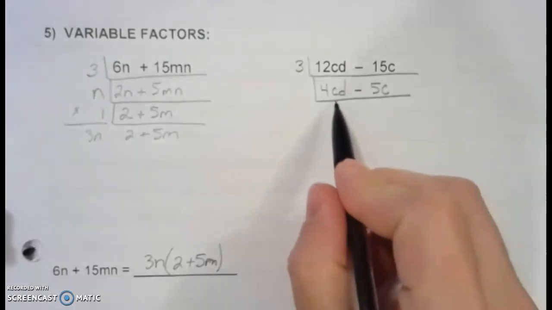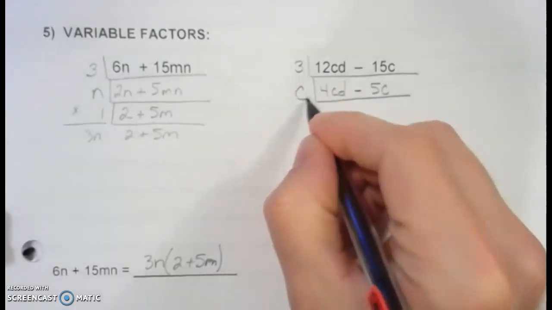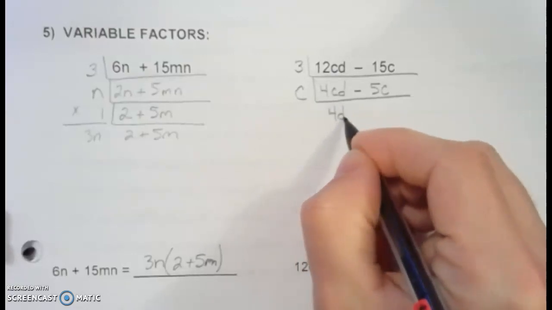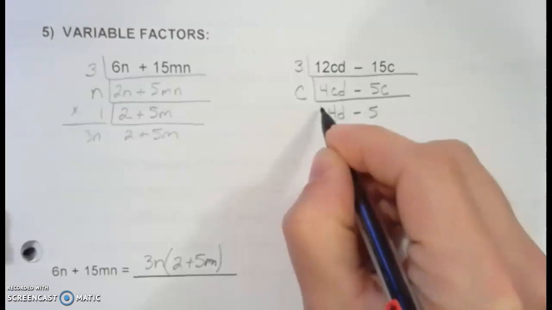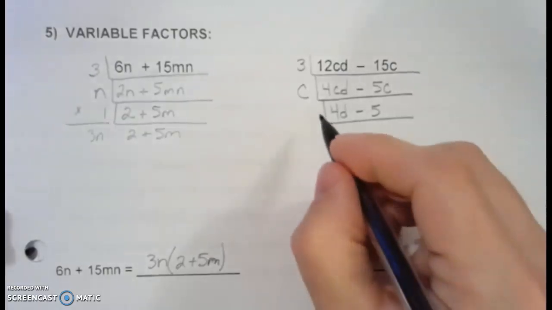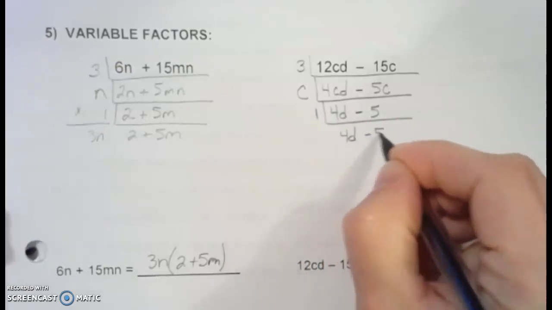And I notice that they have the variable c in common, so I can factor that out. 4cd divided by c is 4d. Negative 5c divided by c is just negative 5. When we put our factor box around 4d minus 5, we should realize that they only have a common factor left over of 1, which will leave us with 4d minus 5.